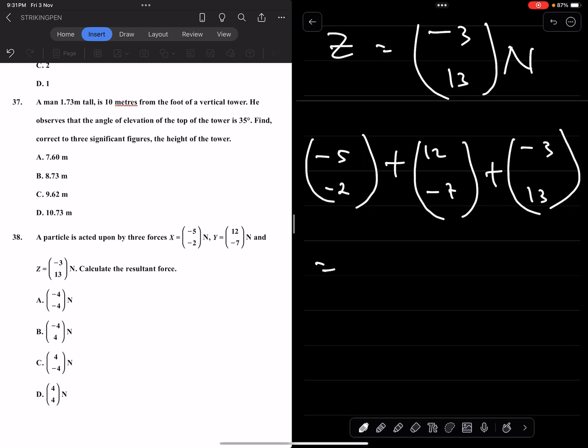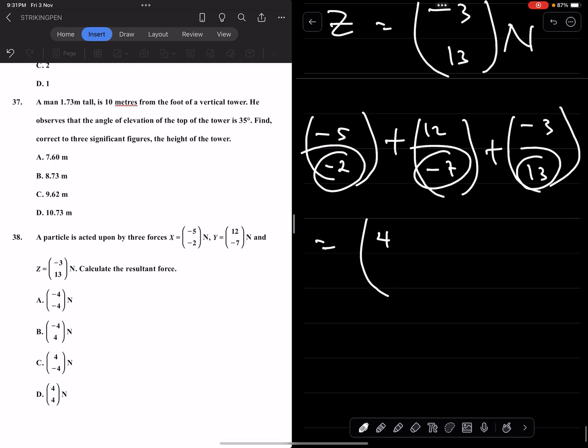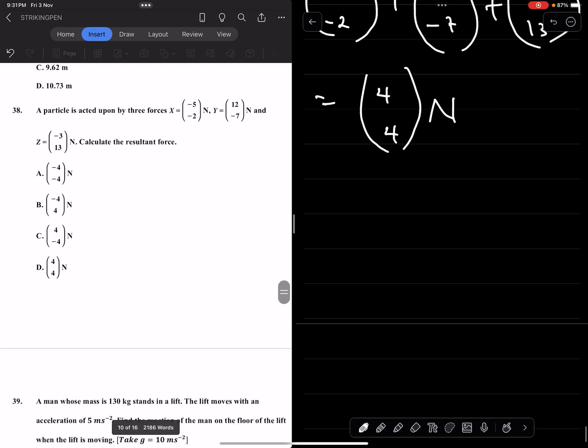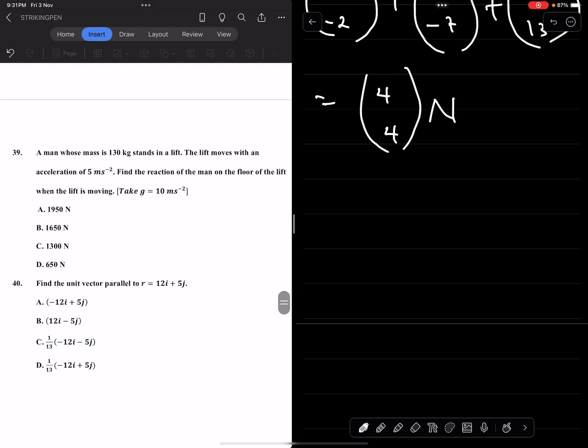And that's equal to: minus 5 plus 12 is 7, minus 3 is 4. And here, this will be minus 2 minus 7, that's minus 9, plus 13, that's 4. Okay, that's the resultant force. And the correct option is D. We go straight to the next, which is number 39.